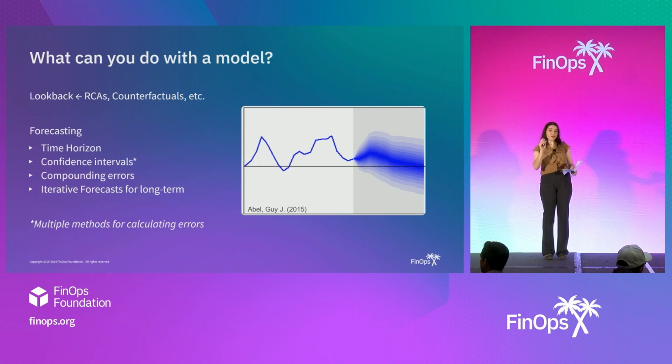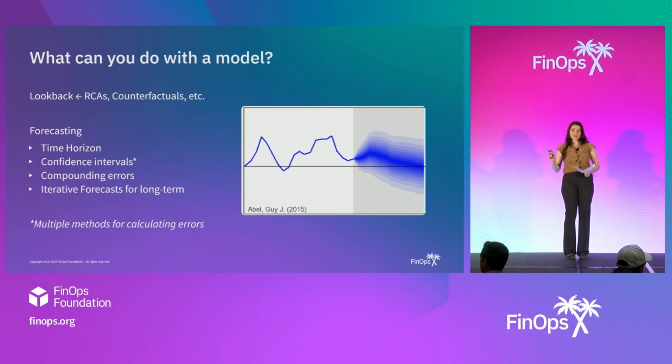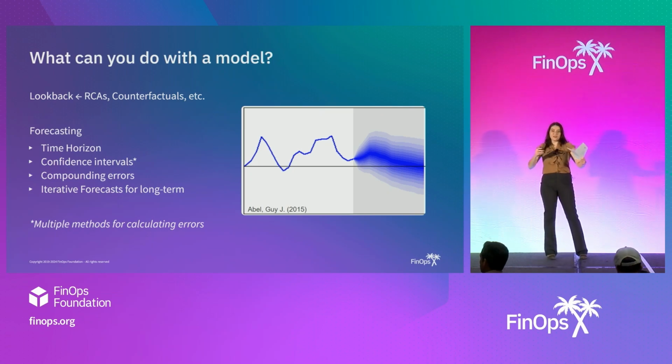Each term has that error attached to it, so you're propagating those errors through, and every time they're getting a lot bigger. And so because of that, we actually want to iterate on our model over time so that we can keep it within the accuracy that we want to get. So that means that rolling forecasts, which are already useful for FinOps, we want to keep doing that with our model and adjusting it so that we can be as accurate as possible.